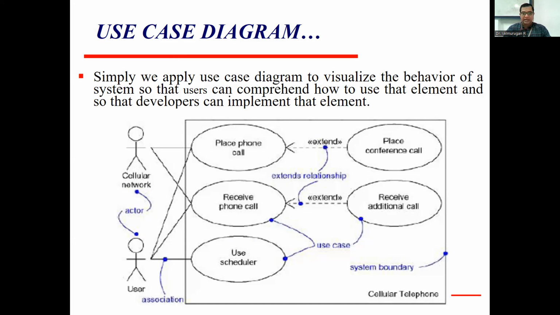So the user is the actor involved here. And if they are receiving an additional call, they should be able to receive a phone call. So if this is happening, this has to happen. That is the meaning of this. Receive a phone call is also involved, and in that case a user is involved as well as a cellular network.